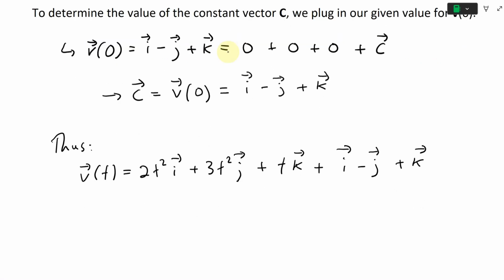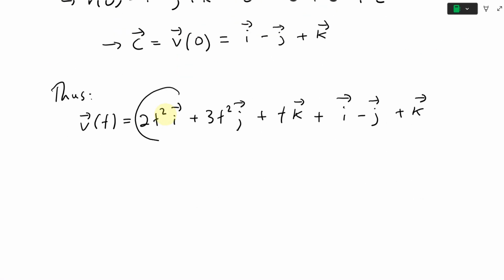And these are just the components, so we can just add these up accordingly. We're going to add up the i components here: 2t squared plus 1.